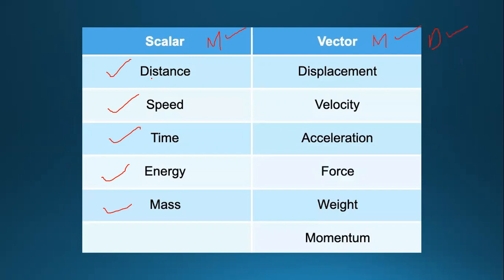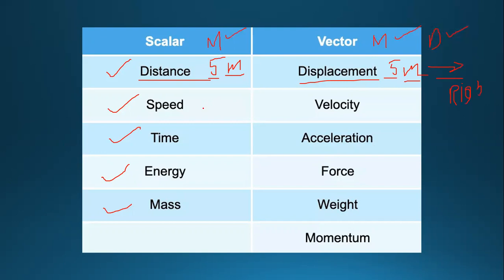If I compare distance and displacement, distance as a scalar will be 5 meters, you only have magnitude and unit. Displacement will be 5 meters towards the right. This is your displacement. In this you have magnitude, you have a unit as well and you have a direction as well. The direction is rightwards.